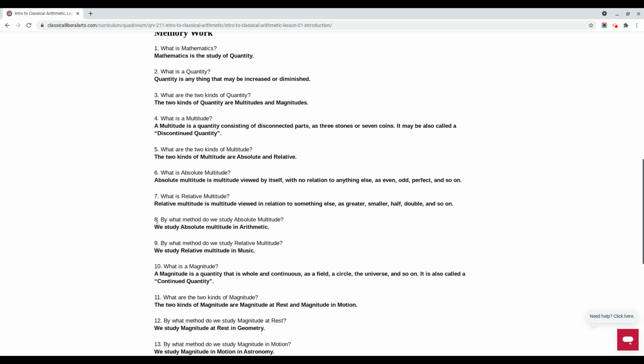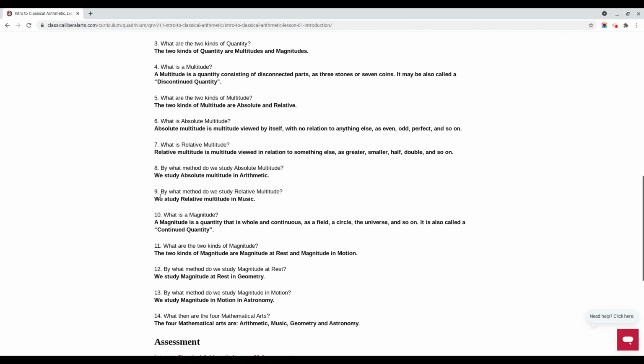Question 8. By what method do we study absolute multitude? We study absolute multitude in arithmetic. Question 9. By what method do we study relative multitude? We study relative multitude in music. Question 10.